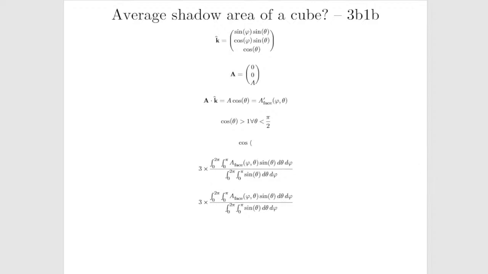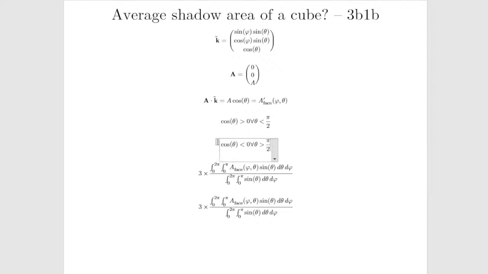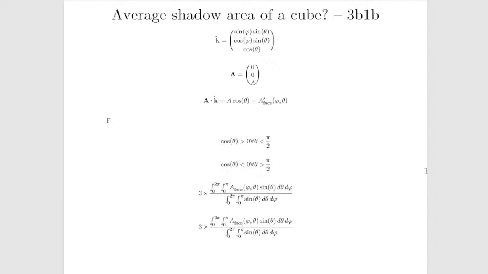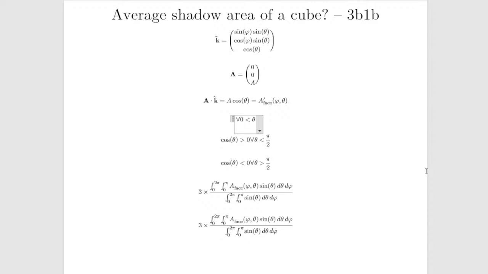Conversely, cos theta is less than 0 for all theta greater than pi over 2. And this is all for theta within 0 less than theta less than pi. Okay.